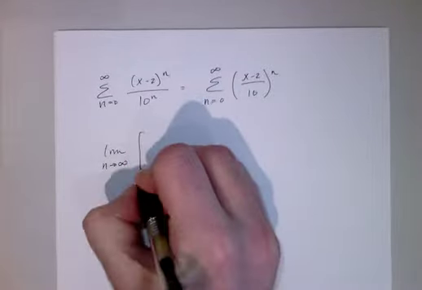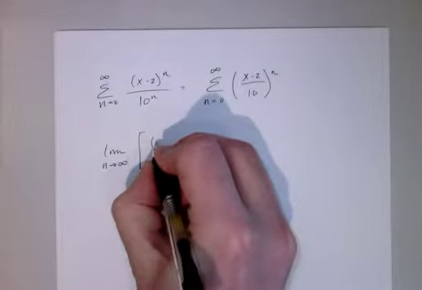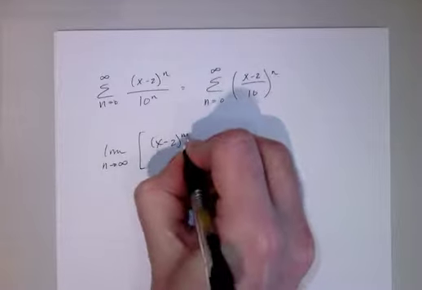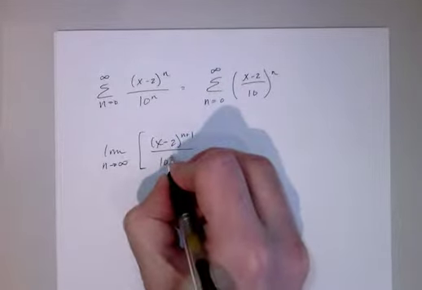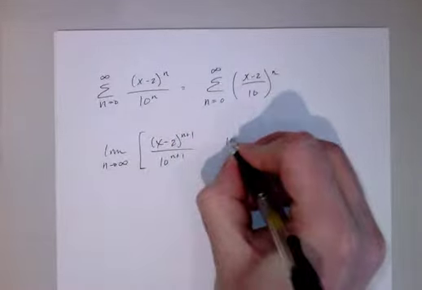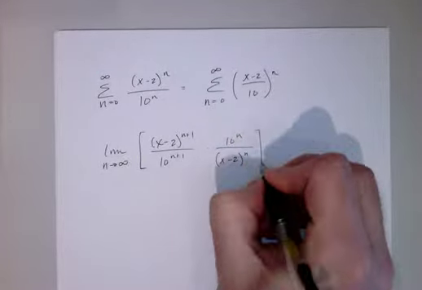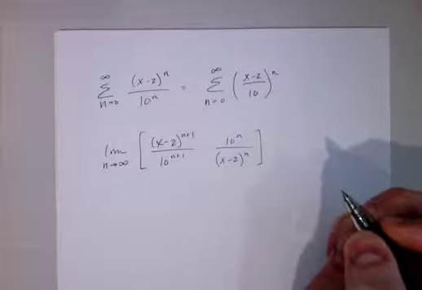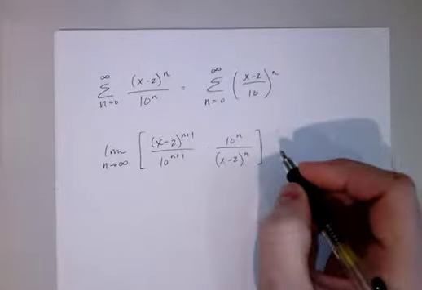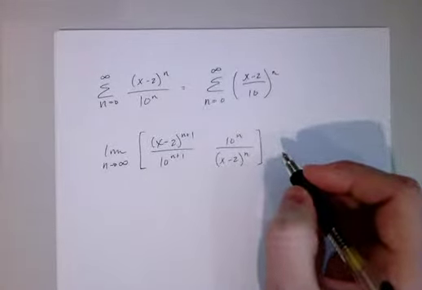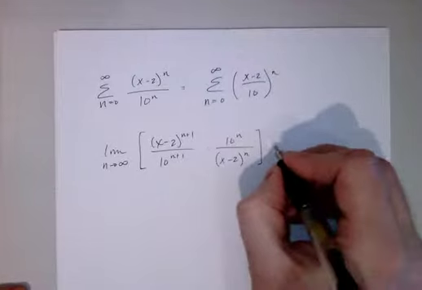Now we know that we have (x minus 2) to the n plus 1 over 10 to the n plus 1, times 10 to the n over (x minus 2) to the n. So let's plug that in and simplify.